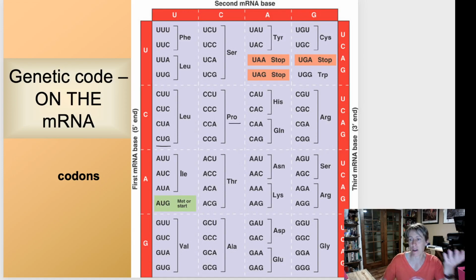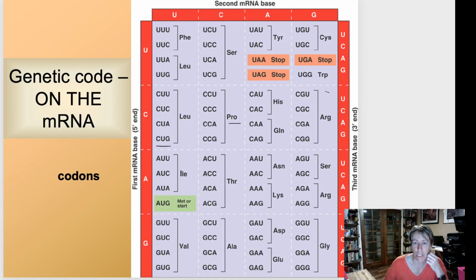And this is because there are 64 combinations of these letters, 64 codons, but there's only 20 amino acids. So you have extra codons for the amount of amino acids that you have. So some of them are doubled, tripled, even there's some of them that have 6, I believe.